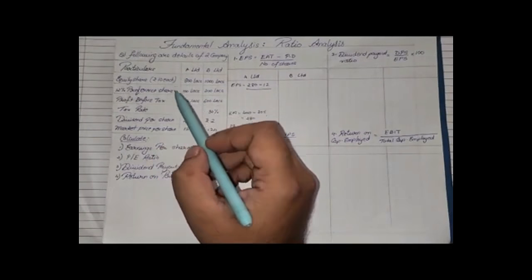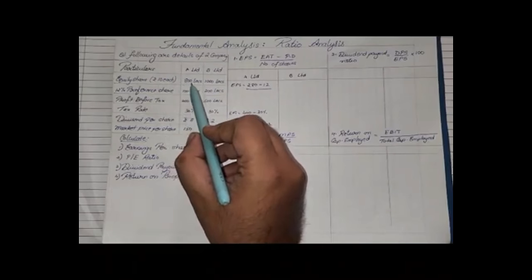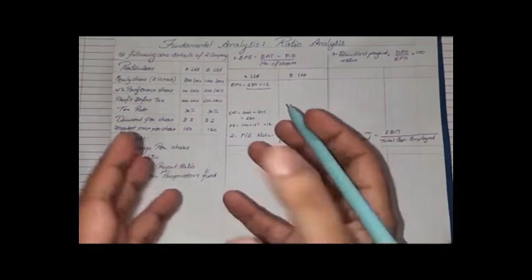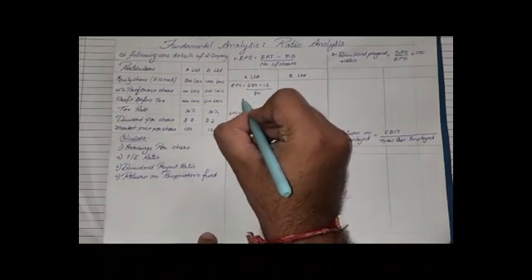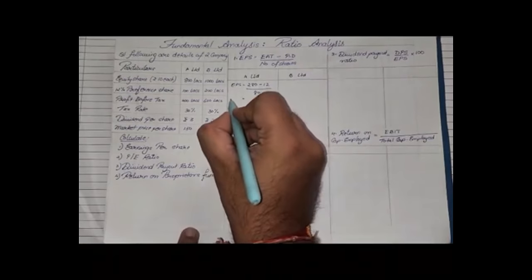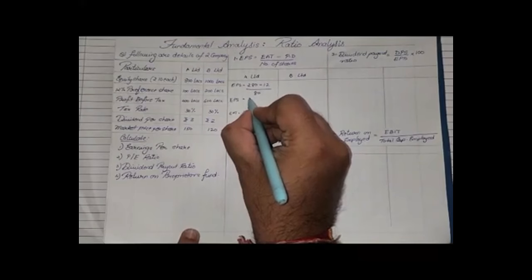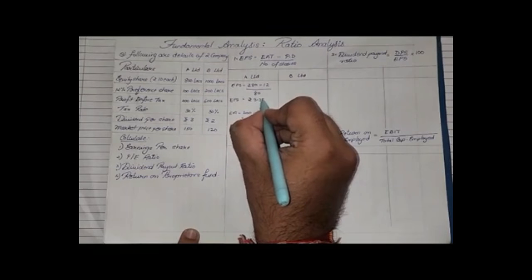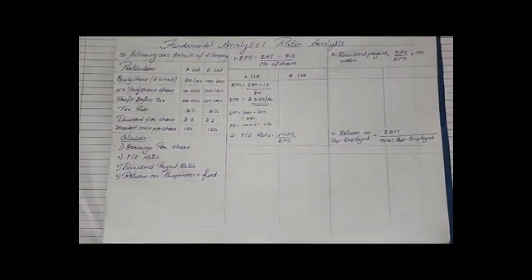To find the number, very simple, the total value divided by the face value. So 800 lakhs divided by 10, we are taking the entire sum in numbers of lakhs, so it will be 800 divided by 10, which comes to 80. So 280 minus 12 divided by 80 will be our earning per share of A Limited, which comes to approximately rupees 3.35 per share. So my earning per share is rupees 3.35 for A Limited.